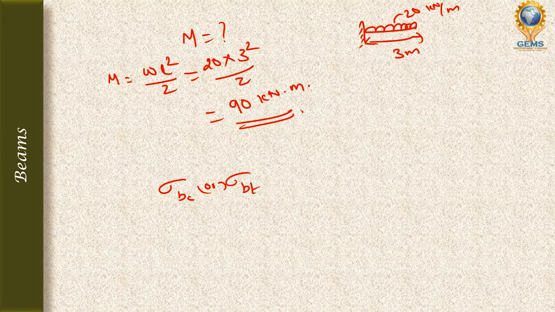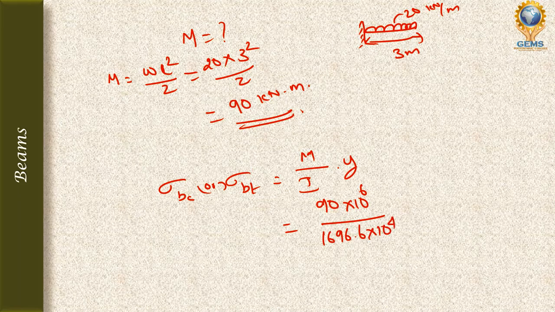Now we substitute that in this formula. Sigma BT is equal to M by I into y. So the M value is 90 kilonewton meter. We convert into Newton per mm, so kilonewton into 10³, and here also 10³, so it is 10⁶, divided by the I value 1696.6 into 10⁴, into 100.